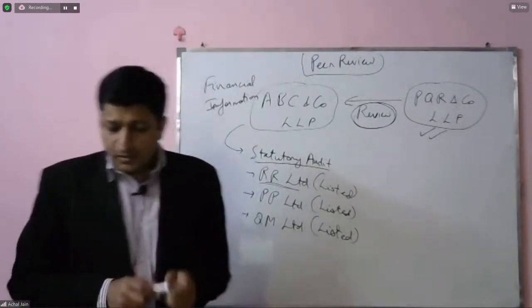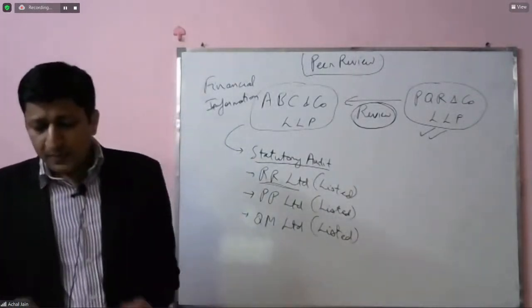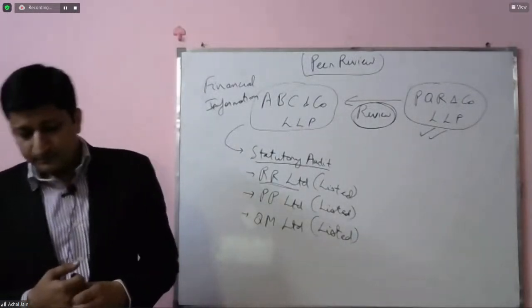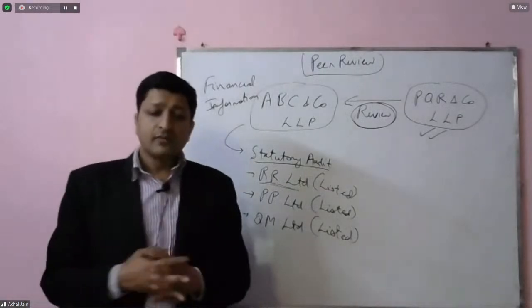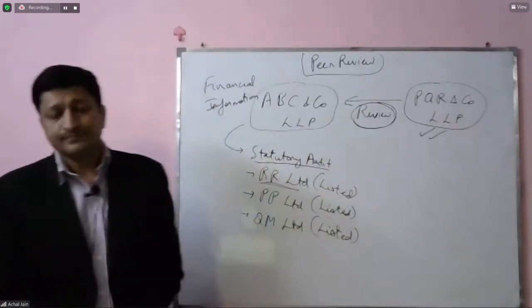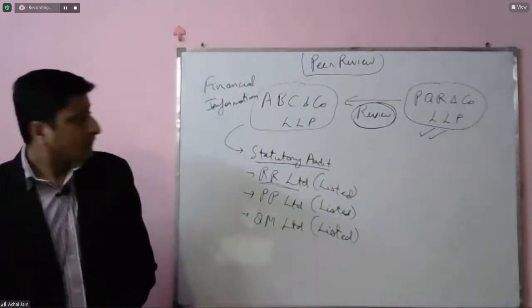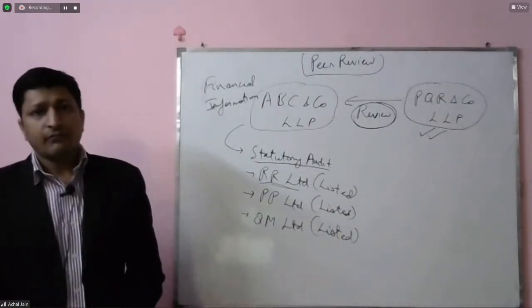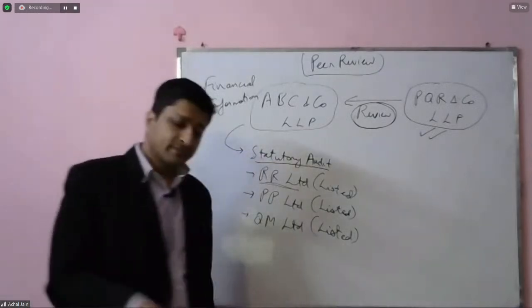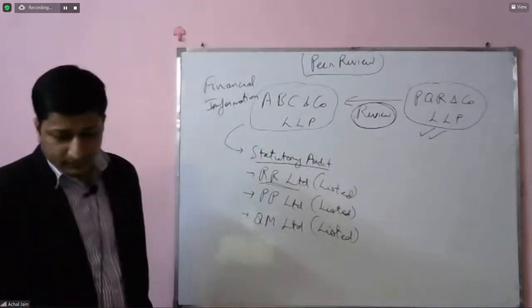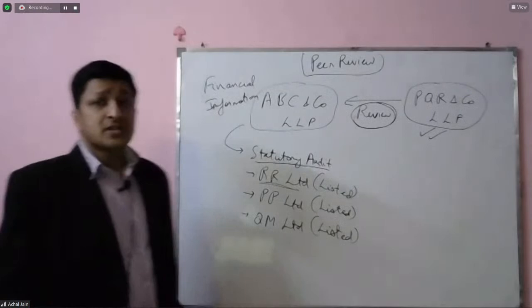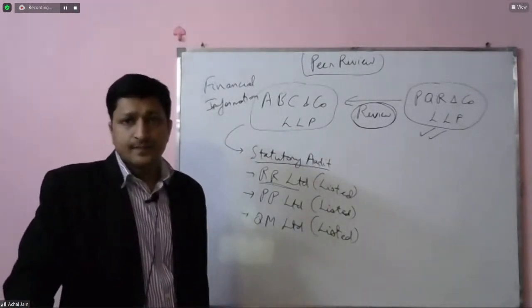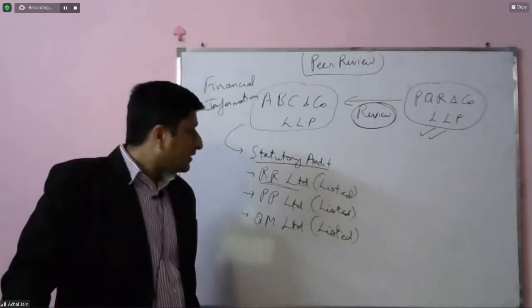Okay. Now let's try to think about peer review. So why would a peer review be conducted? What will be the reason for conduct of a peer review? One thing which can be very easily made out of this will be to ensure the quality. Let's suppose ABC has not been maintaining the quality standards. Why?